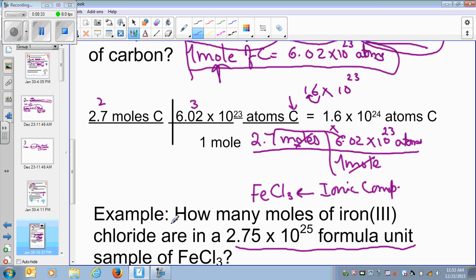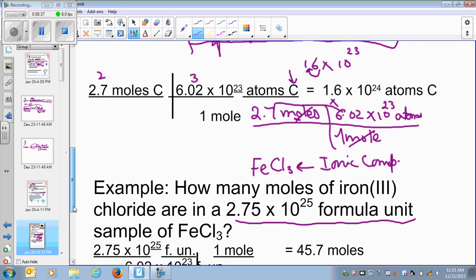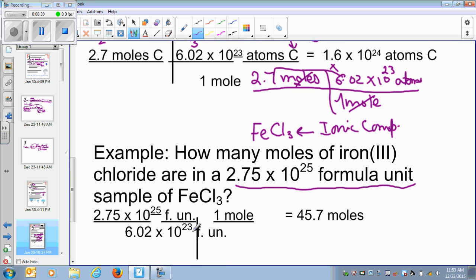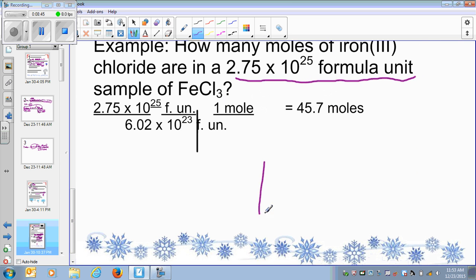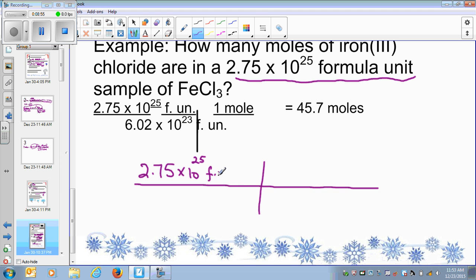I will draw a big plus sign. I write my question here. This is what I'm given in the question right here, 2.75 times 10 to the 25 formula units.